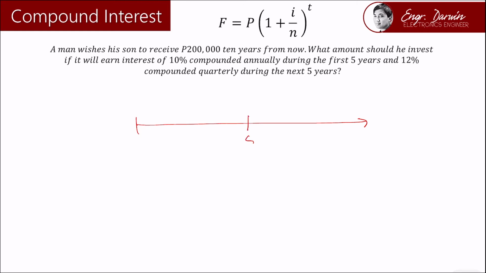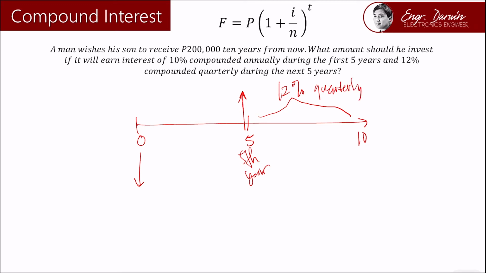So drawing again our cash flow diagram, we need to find the principal amount on this period or the 5th year. And to get that, we need to find the principal amount that happened between this period of 12% quarterly.